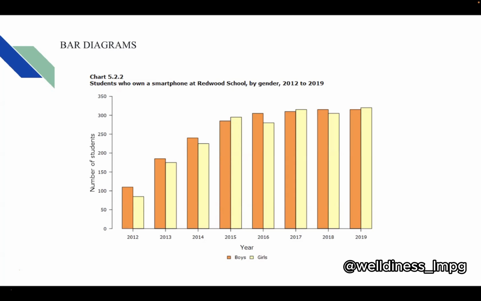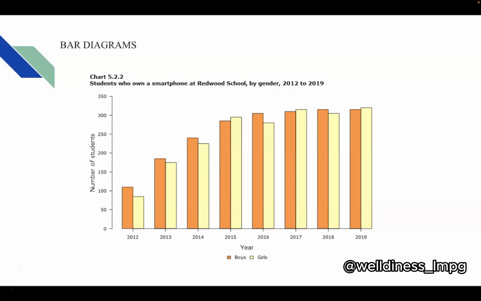For the girls, we have 90 plus 180 plus 230 plus 270 plus 250 plus 320 plus 310 plus 330.